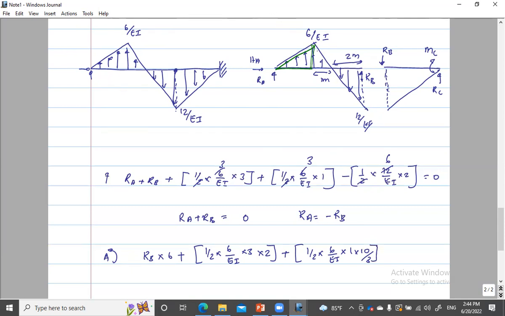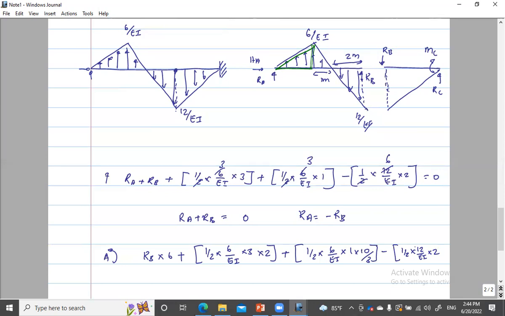Then this is counterclockwise, and this is clockwise, minus half into 12 over EI into 2 meters, and the distance to that is 3, 4, and then 2/3 of the 2.